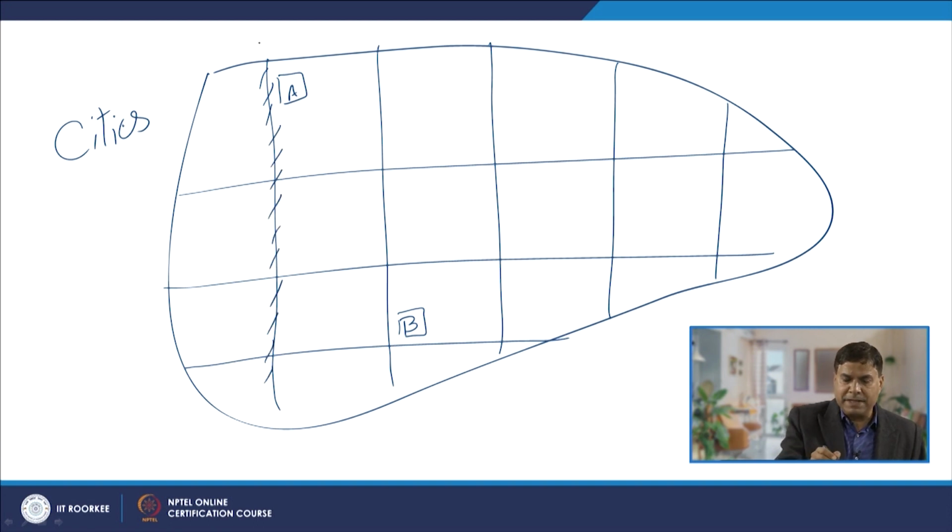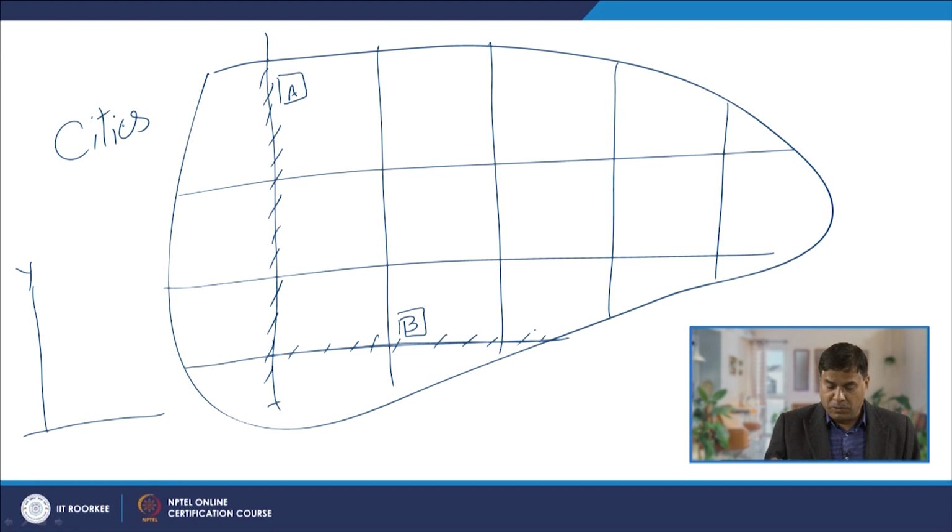If we take a graph, then one category of roads represents the y axis, and there is another category of roads perpendicular to this one, which we can say as the x direction.